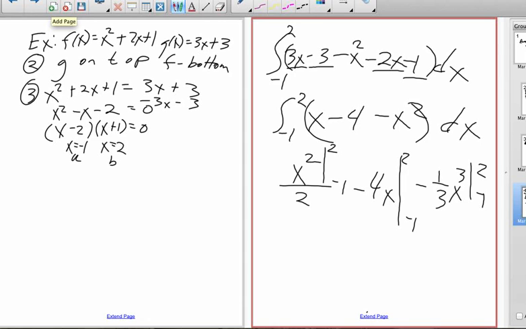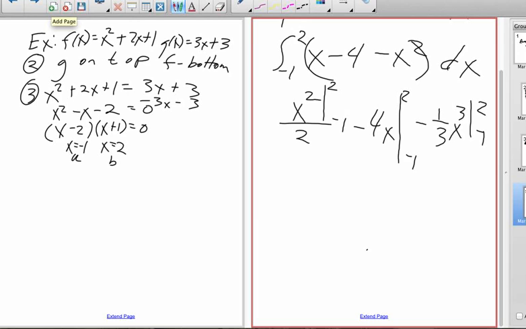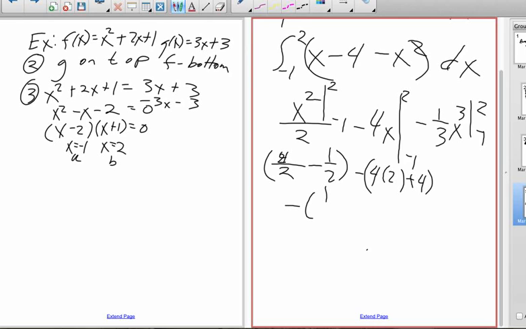And then I come back in and I plug my numbers in. So I'm going to have 2 squared, which is 4 over 2, minus negative 1 squared is 1, minus 1/2, and then minus 4 times 2, minus 4 times the negative 1 is going to make a plus 4, and then that's going to be minus 1/3 of 2 cubed is 8, so 8 over 3, minus negative 1 cubed is a plus 1, so plus 1/3.